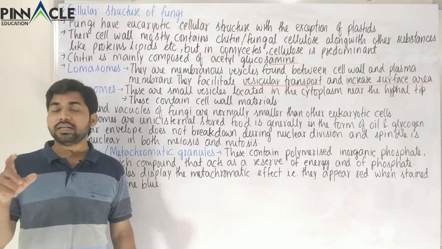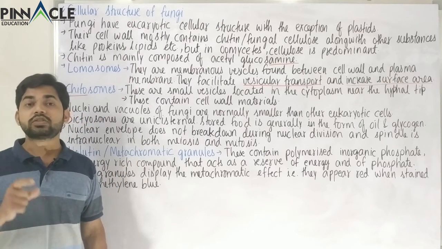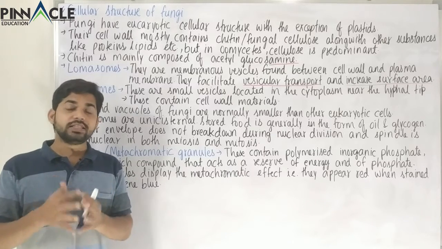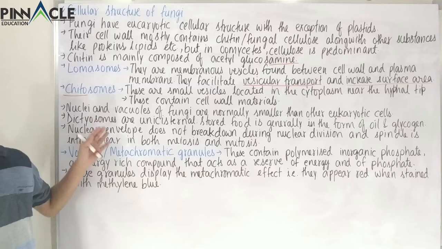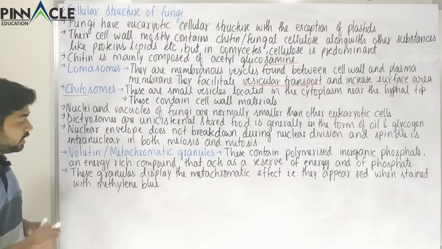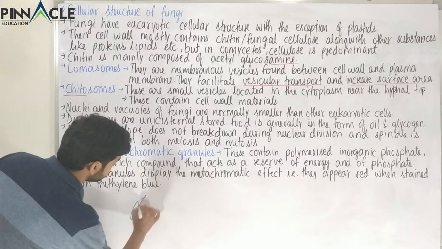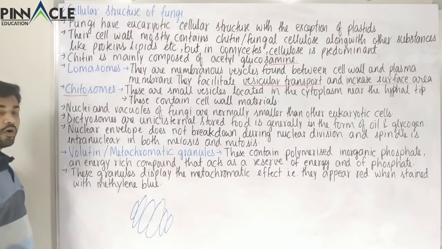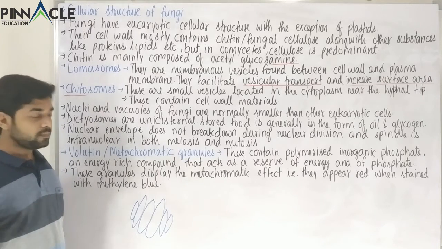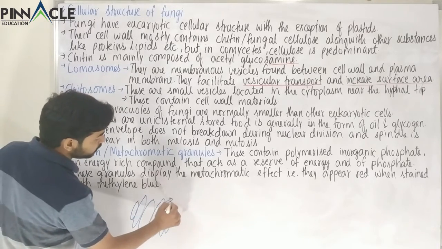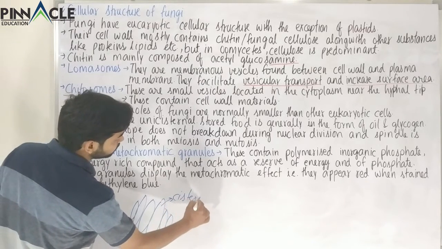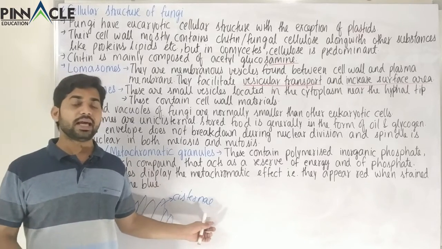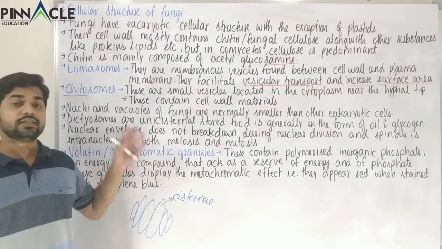Now you must have studied a cell organelle which is called the Golgi body or Golgi apparatus. These Golgi apparatus are commonly composed of many flattened sac-like structures, something like this. So a normal Golgi apparatus in an animal cell is something like this, and these individual structures are called cisternae. So these dictyosomes could also be said to be cisternae.